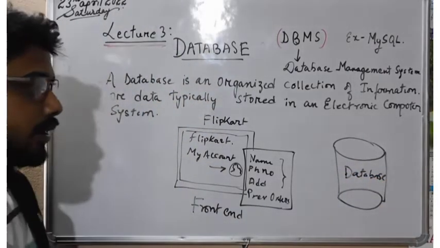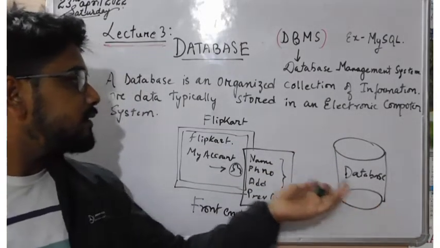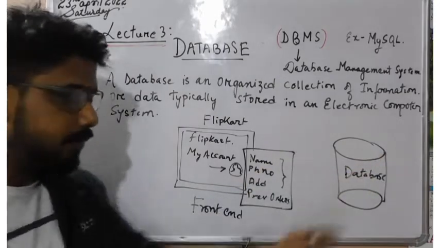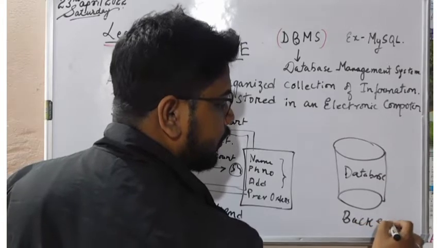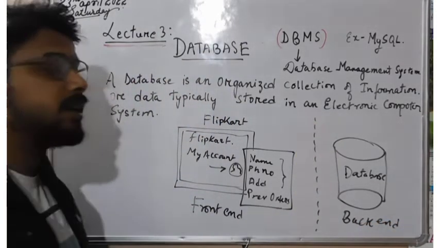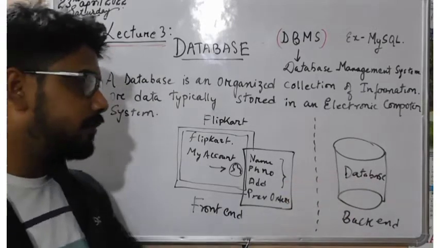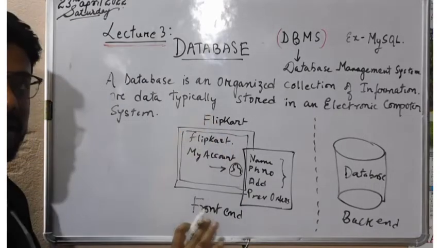It is a place where we store all the details, but it is hidden at the back end. We cannot see the database. It is visually not possible to see it. So I hope it is clear till now.